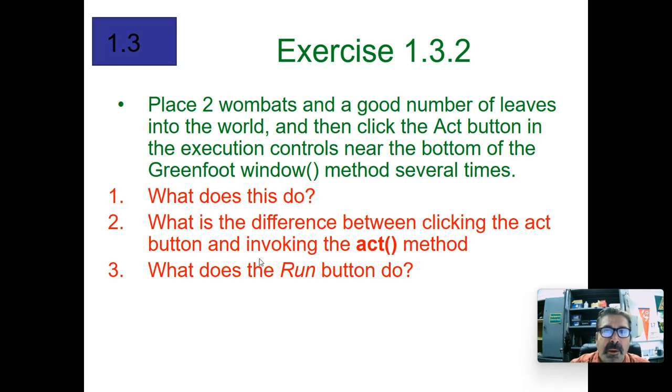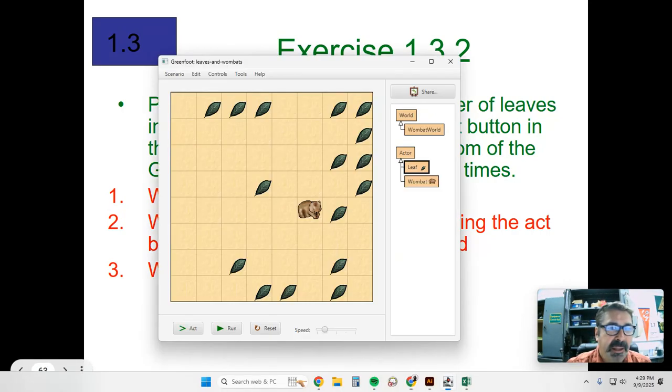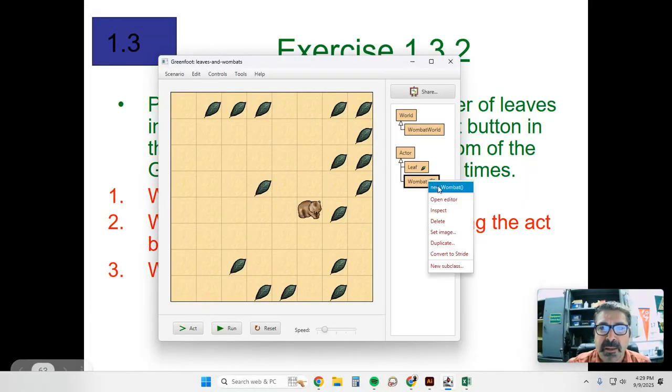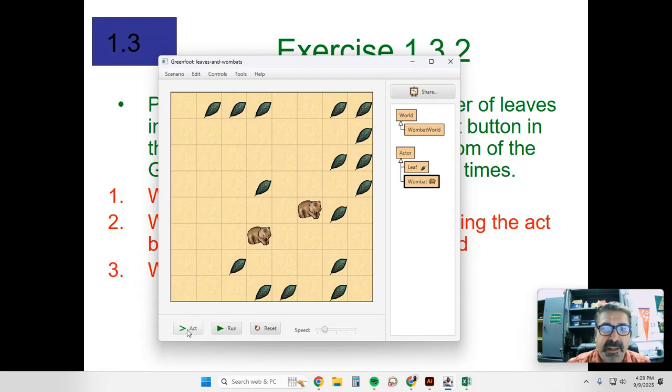All right, now place two wombats and a good number of leaves in the world, and then click the act button. This is different. So we're going to add another wombat, and we're going to click on the act button. Now what's the difference between the act method and the act button?